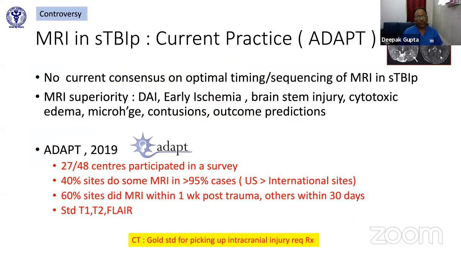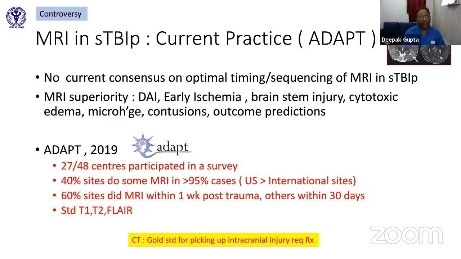The second controversy is regarding the role of MRI in severe traumatic brain injury. Well, the CT remains the gold standard as I've just told. However, there is no current consensus on optimal timing and sequencing. What are the sequences you should do of MRI in severe pediatric TBI?